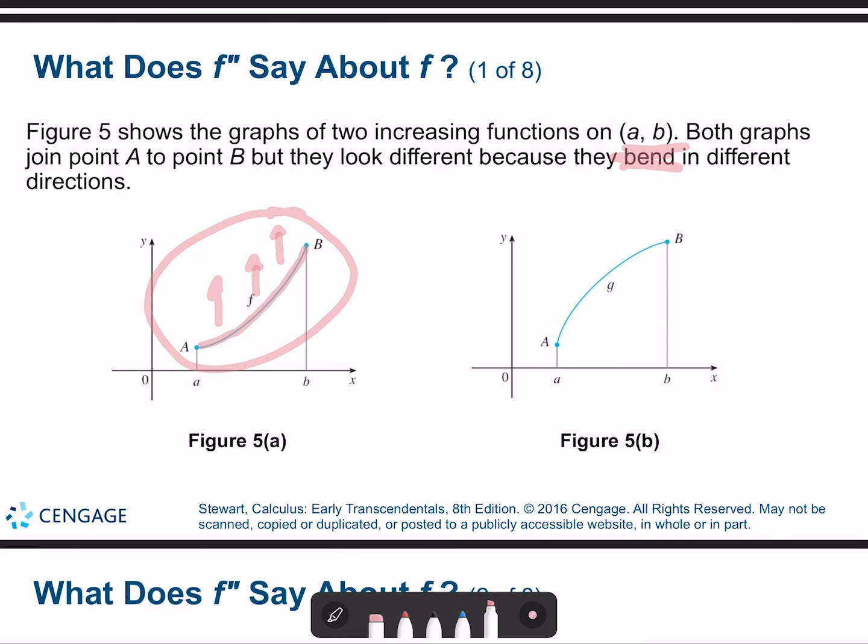If this were a lacrosse stick or a hockey stick, this is where the puck or the ball are going to end up, on the inside of the curve, so to speak. So this is the direction that it is concave. And this curve over here on the right, you would say is concave down.